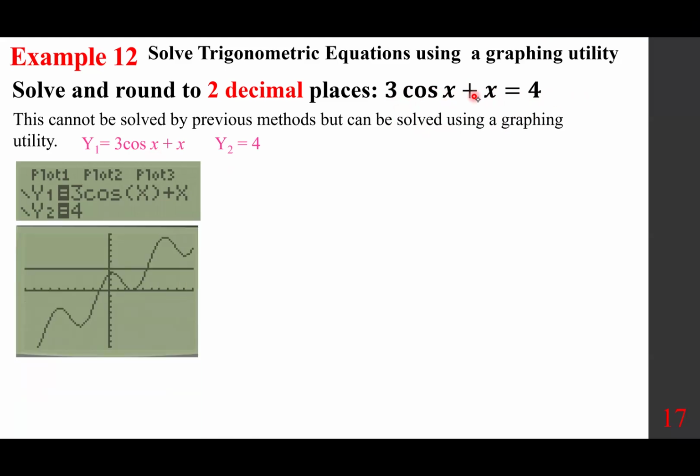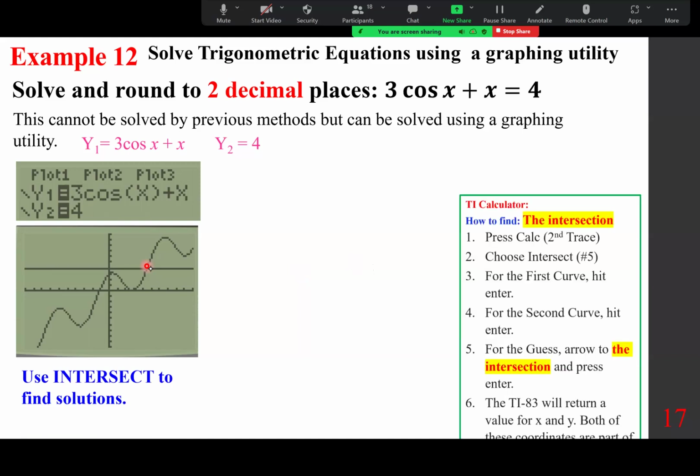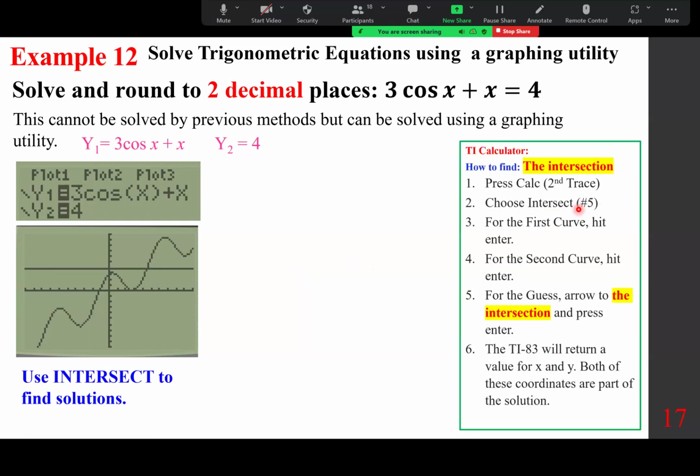You graph it. This is the first one. This is the horizontal line y equals 4. Point of intersection is the answer. And the way you do it, use intersect to find solutions. In other words, you go to the TI calculator, you press calc, second trace, and you follow these steps that I have here.